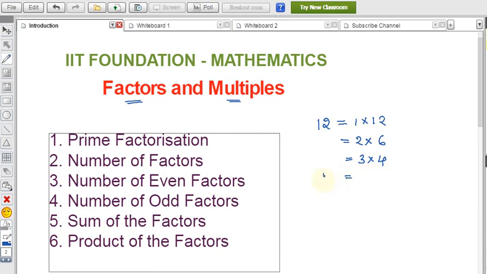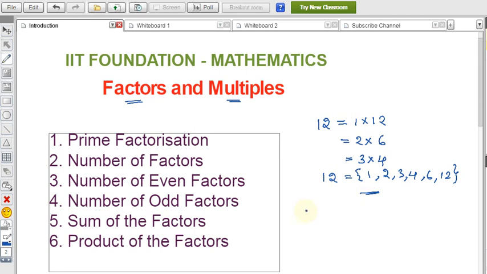Therefore the factors of 12 are 1, 2, 3, 4, 6 and 12. 6 factors are there for the number 12. The numbers which perfectly divide 12 are all the factors. So these are the factors of 12.